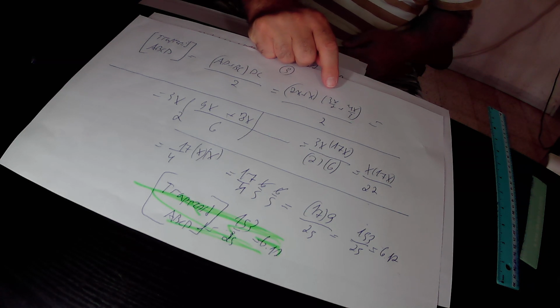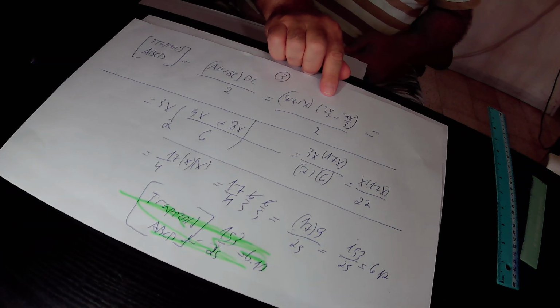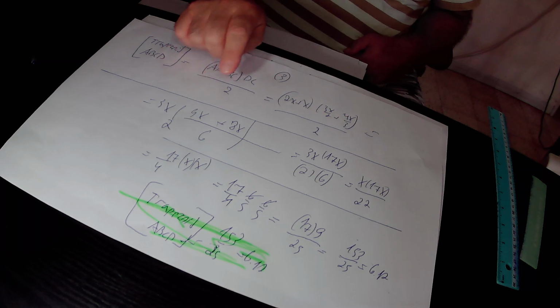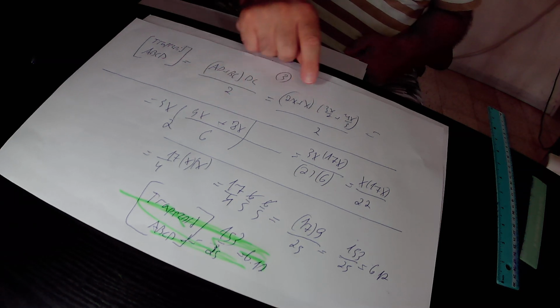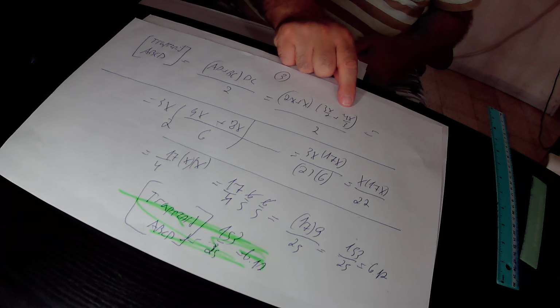Actually, we created here a common factor. We took out a common factor of 6 from those two expressions by multiplying both the numerator and the denominator of this expression by 3. This way we got that 3x times 3 is 9x and 2 times 3 is 6. Likewise, we multiplied both the numerator and the denominator of this expression by 2.